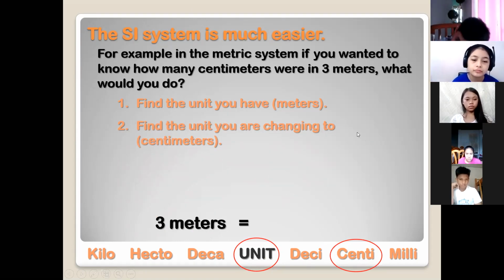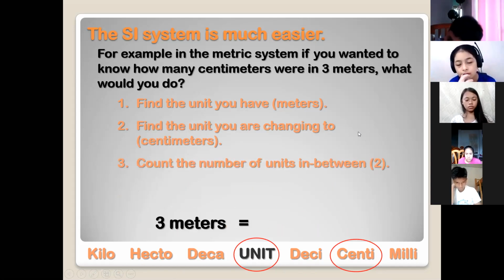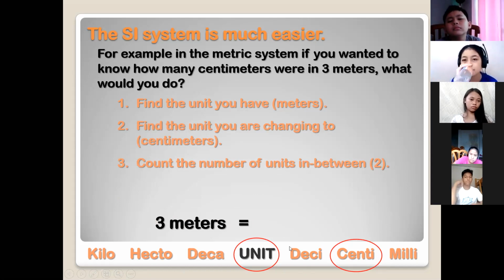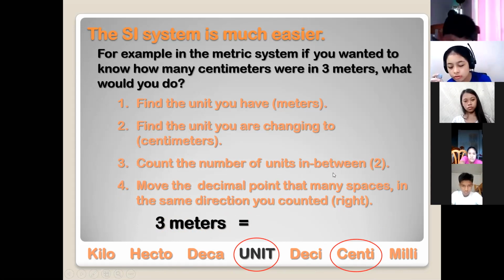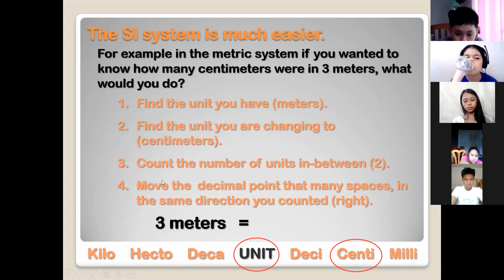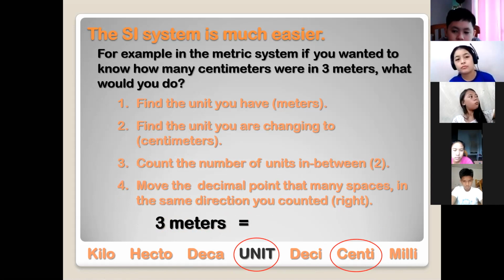After that, the easier thing happens. Just simply count the number of units in between the two encircled values. And that counted value is now the motion of your decimal point from the given. This is the easier, a shorter solution compared to a longer solution done in the English system.